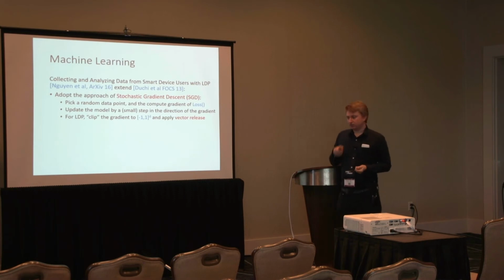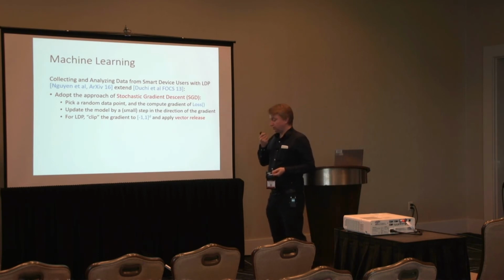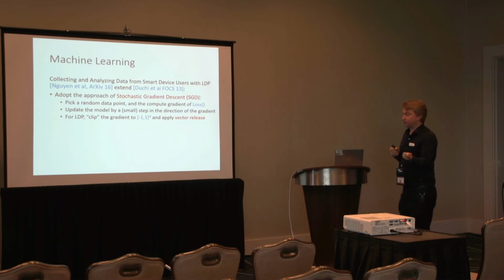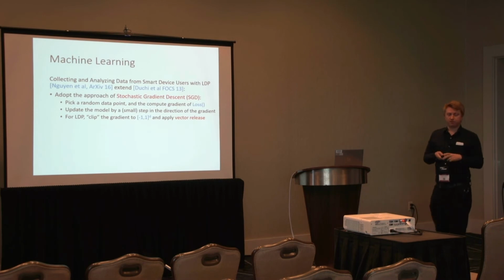Because I can, one example at a time, tell a user, right, here's the current model, here's the current parameters theta. You evaluate the true loss function and the true gradient of that. Then, this is a vector release problem which we talked about briefly.